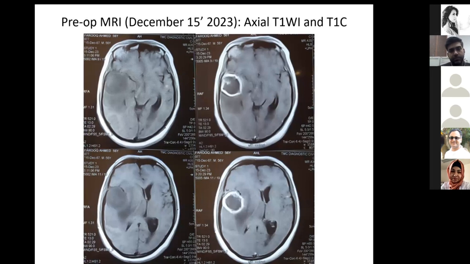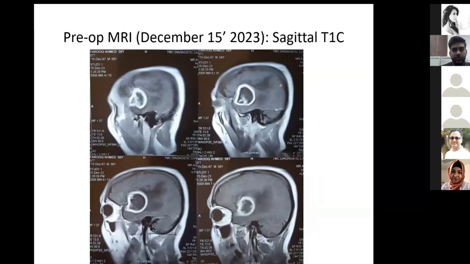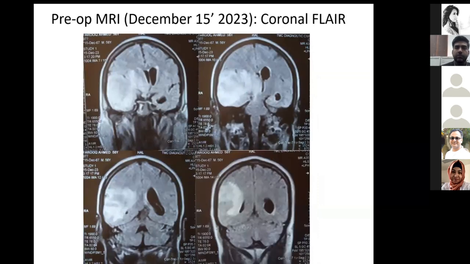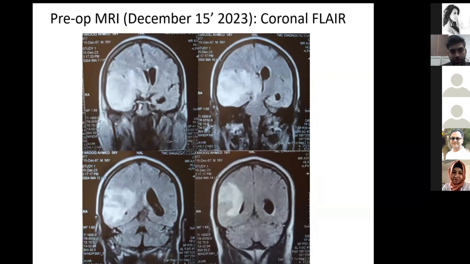Though we see some disproportionate signals on FLAIR, which appear very bulky and do not look like vasogenic edema, we should still keep it in mind considering the short history of the patient. I'm not sure whether the patient had fever or not, any signs of sepsis.